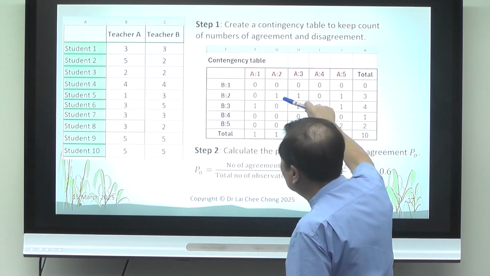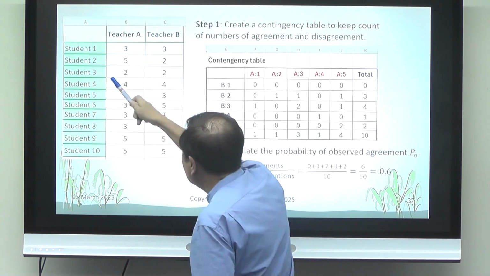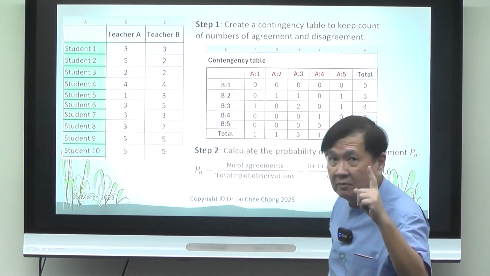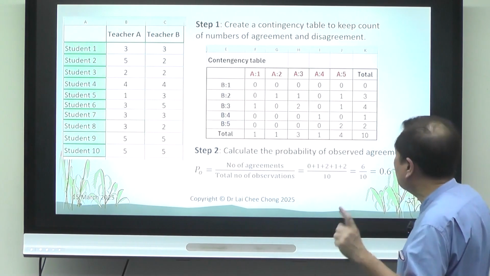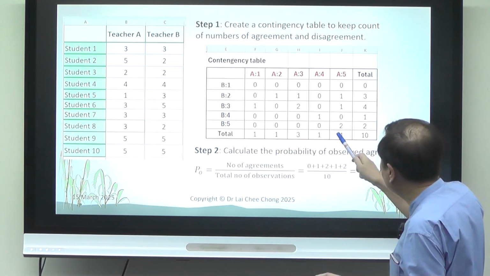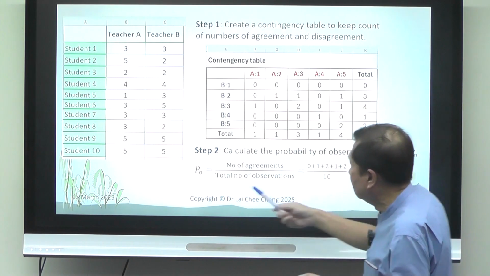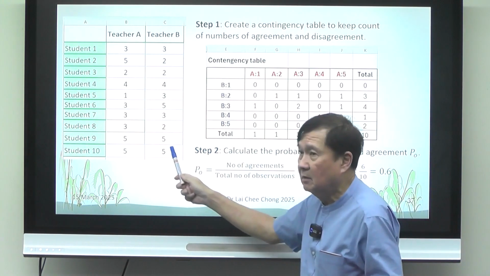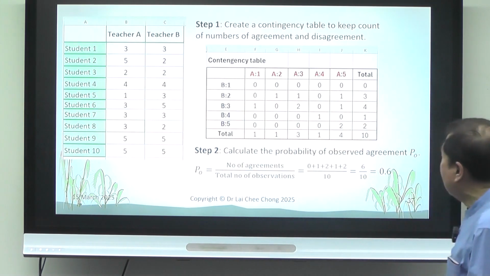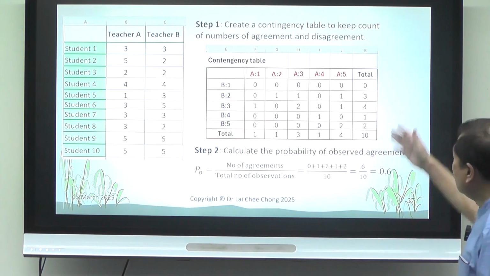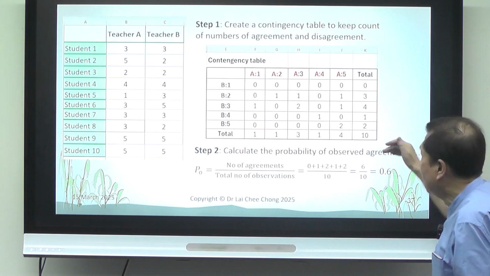So you can see that it will be 0 plus 1 plus 2 plus 1 plus 2. I got 6 over 10. The probability is 0.6. That's how I get my observed agreement. It means based on what I observe here in the table, I pick up the number of agreements between the 2 teachers.